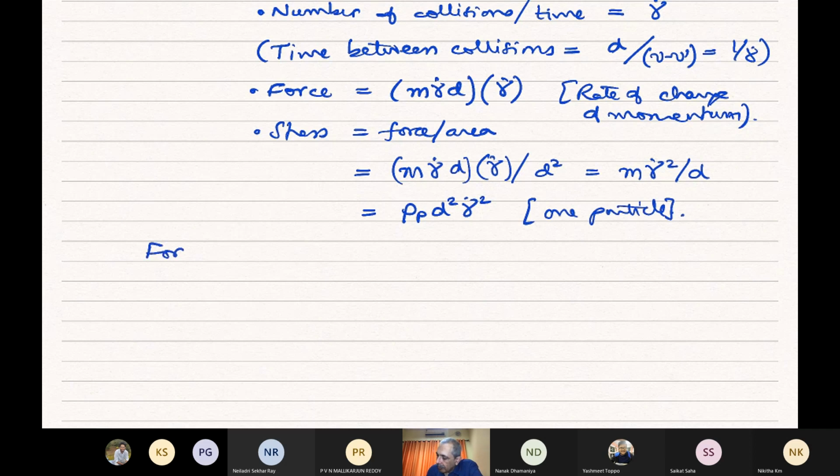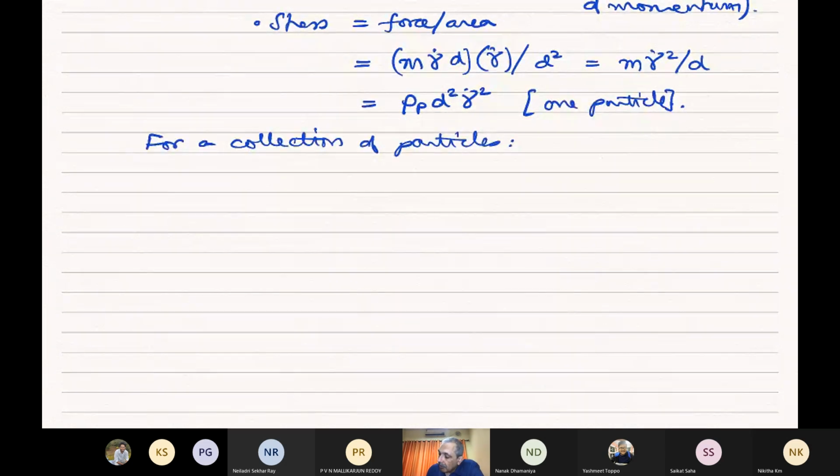Then for a collection of particles, this stress will also depend on how many particles there are per unit volume and so forth. So in general, what you will expect is that the shear stress will be given by rho p d squared, some function of the volume fraction phi, times gamma dot squared.